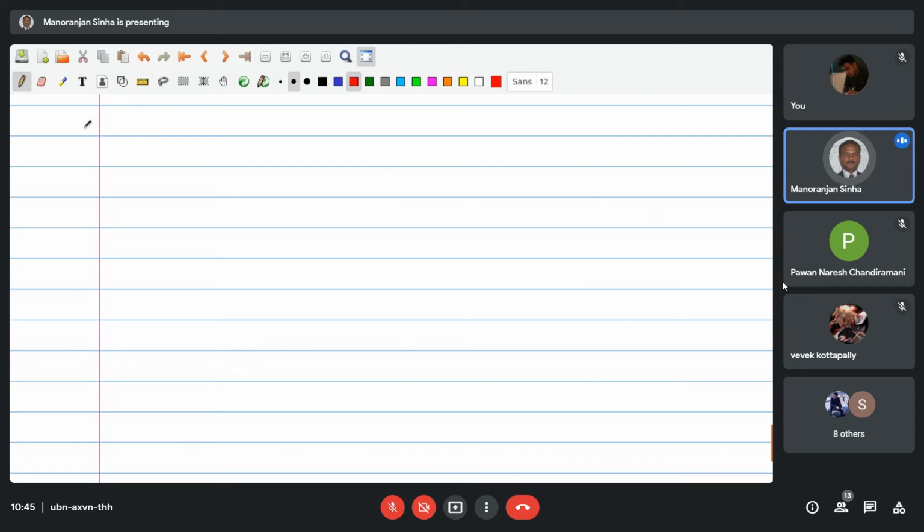Now equation 1 can be written as R1 double dot into 3 times, and similarly equation number 2 can be written as follows.